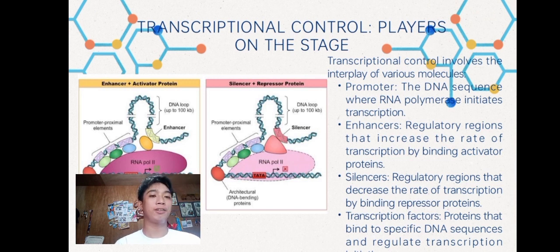Next is the silencers, regulatory regions that decrease the rate of transcription by binding repressor proteins. And lastly, we have here the transcription factors, which are proteins that bind to specific DNA sequences and regulate transcription initiation.